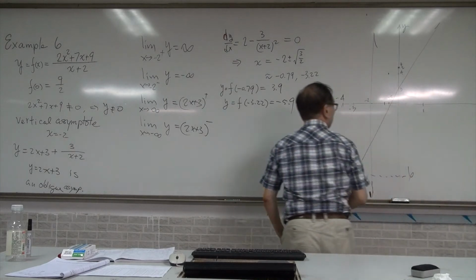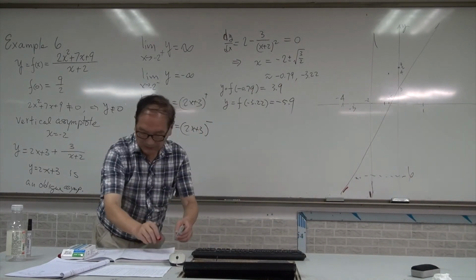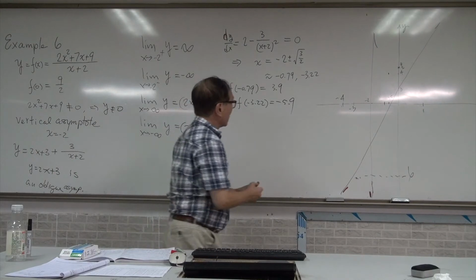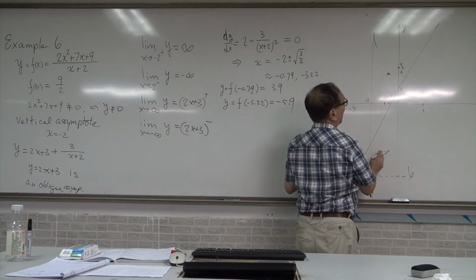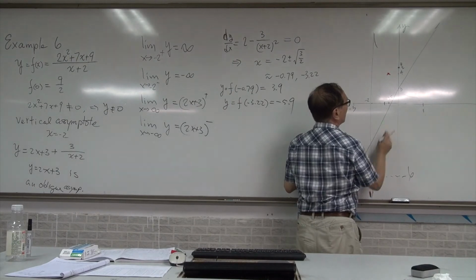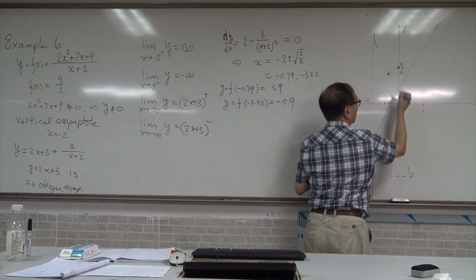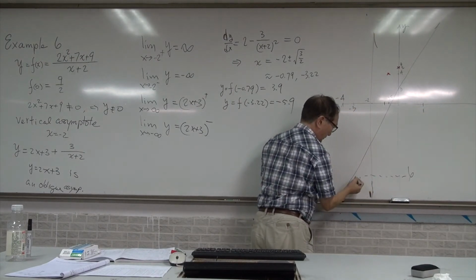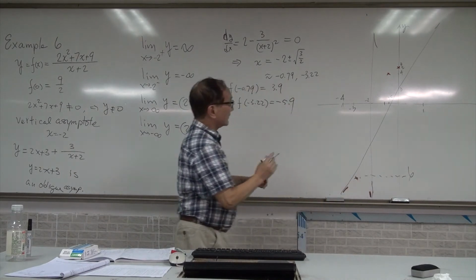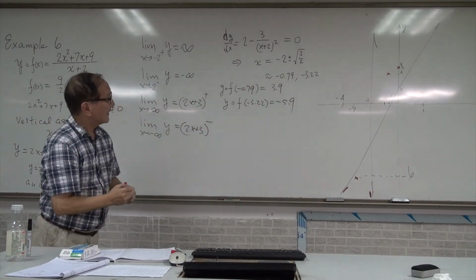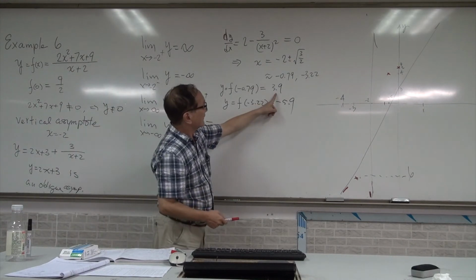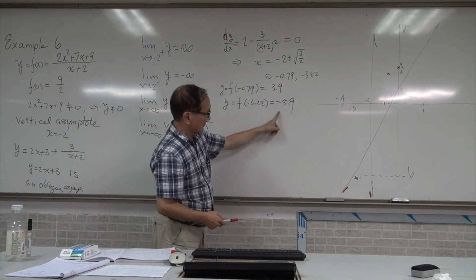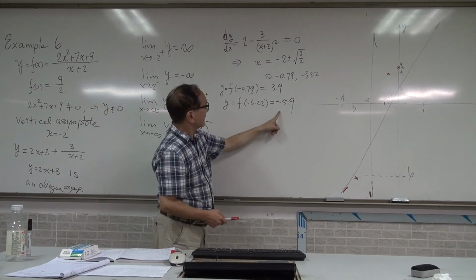Okay. So we have these points. One moment. This point is our minimum. This is the intercept, and this is the maximum. Okay. Now everything is all right. So this is minimum. This is maximum.